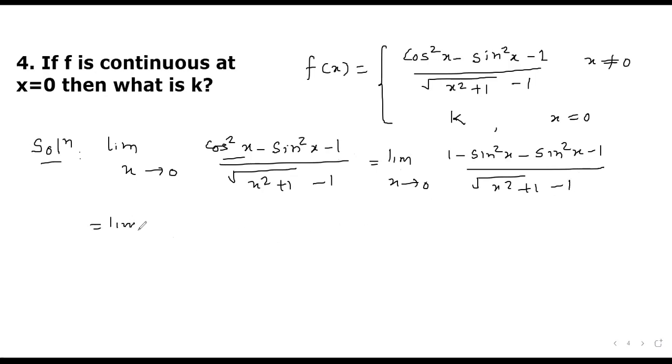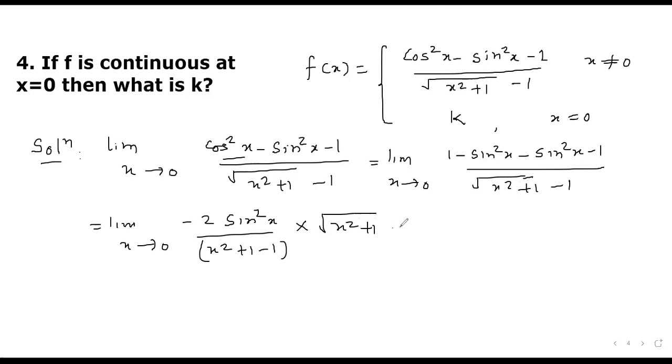So limit x tends to 0, and this will become minus 2 sine square x. And what we can do, we can rationalize the denominator. If we rationalize, then this root will get cancelled: x square plus 1 minus 1 times root of x square plus 1 plus 1. Now 1 will cancel out.